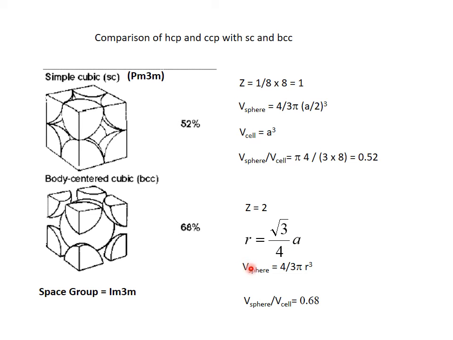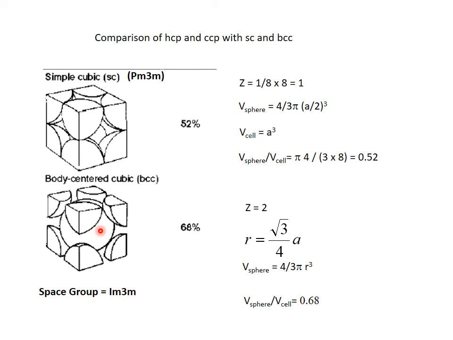Then the volume of a single sphere is 4/3 times pi times the radius to the power of 3, which is the square root of 3 over 4 times a, to the power of 3. And the ratio between the spheres and the volume of the cell is 0.68 when we factor in that we have, in this case, 2 spheres per unit cell.